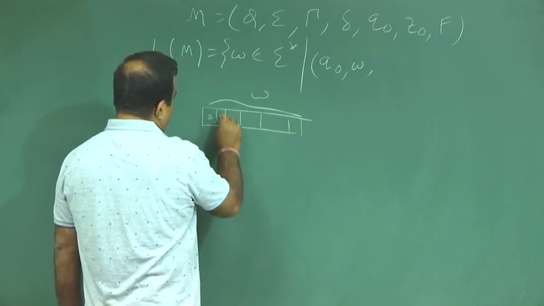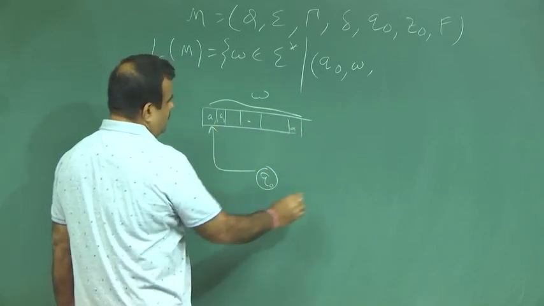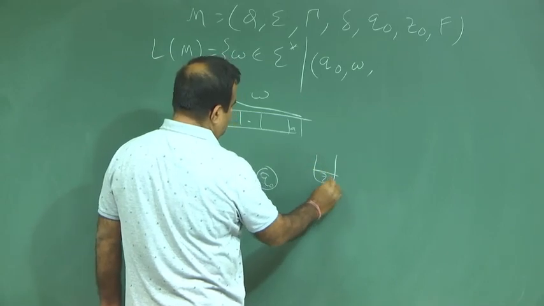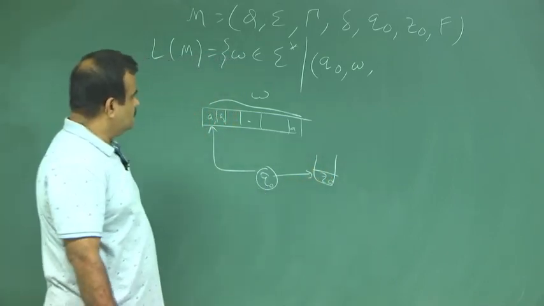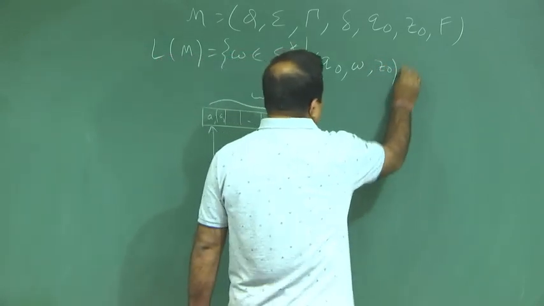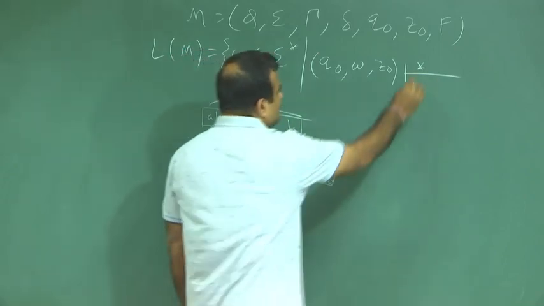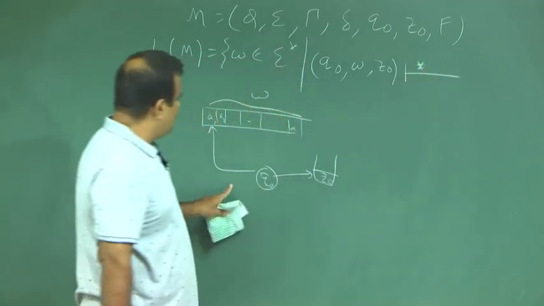W could be, say, A1, A2 like this, and Q0 is the current state which is pointing here, and the stack symbol is Z0. This is the current ID, and if it is reaching some other ID, we apply the delta rule on this.